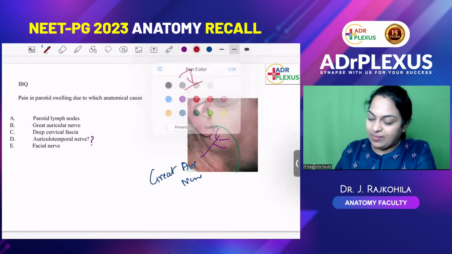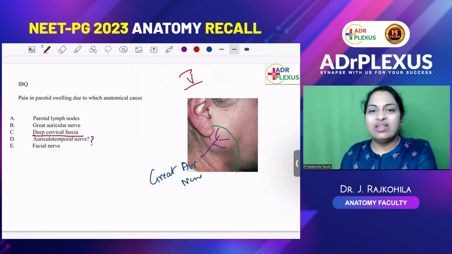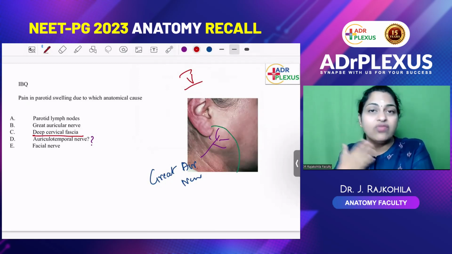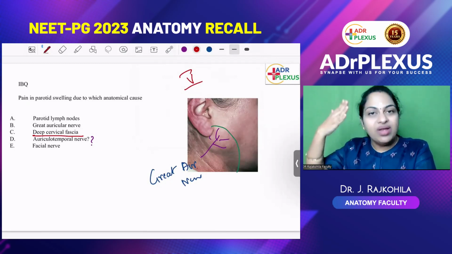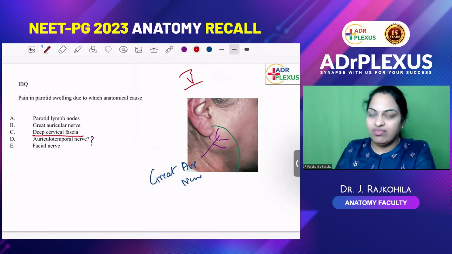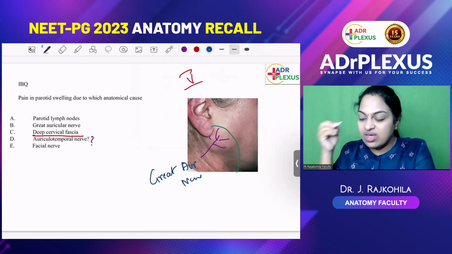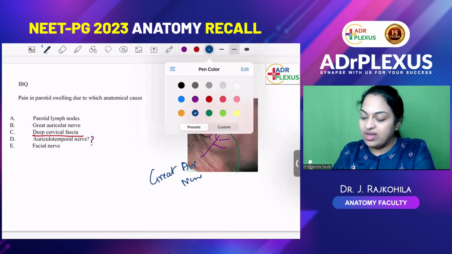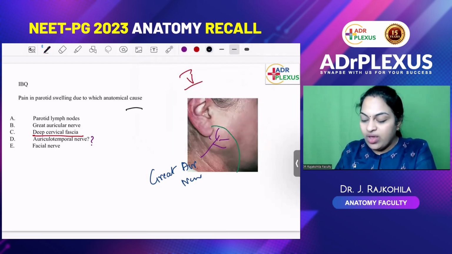But there was another option given, right? What was that? The deep cervical fascia. You know that the deep cervical fascia has three layers. What are they? The investing layer of the deep cervical fascia, the pretracheal fascia, and the prevertebral fascia. What is this investing layer going to do? So imagine this is the parotid gland.